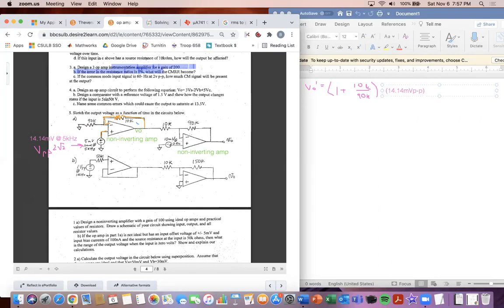When we multiply that by 1 plus 10 divided by 90, which is 1 plus 1/9, that'd be 15.71 millivolts peak to peak. And that's at the same frequency, which is 5 kilohertz. Okay, now that we determined that as our output voltage here, I'm going to just write that: 15.71 millivolts peak to peak at 5 kilohertz.